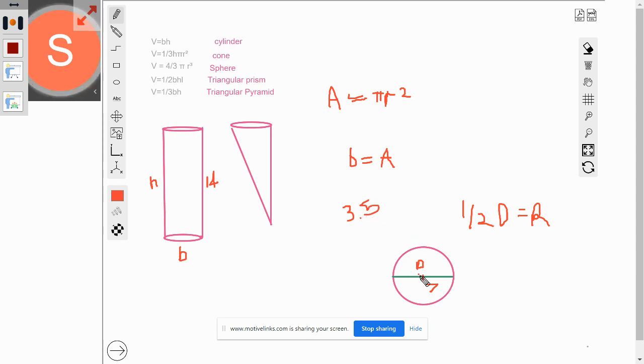Now if we have the radius, now we have to multiply the radius with 3.14. So let me get my calculator out.